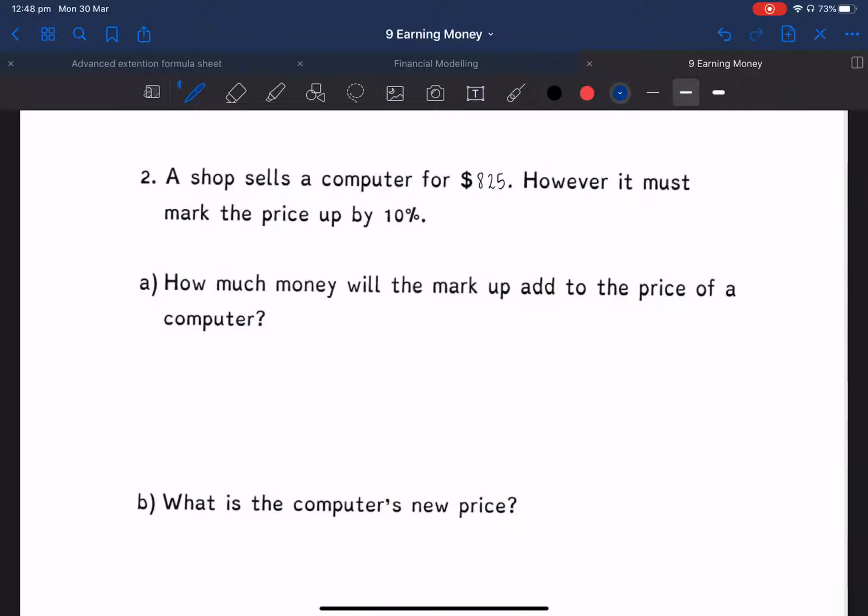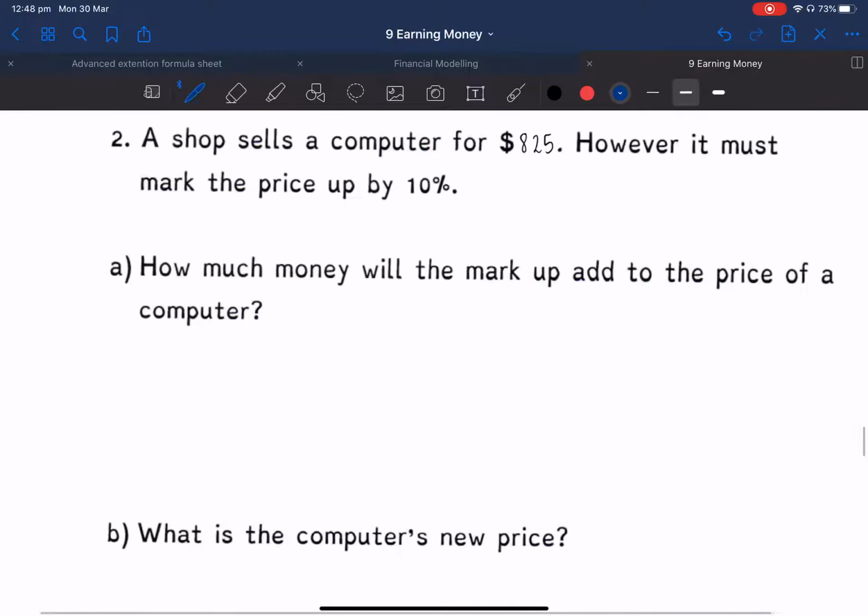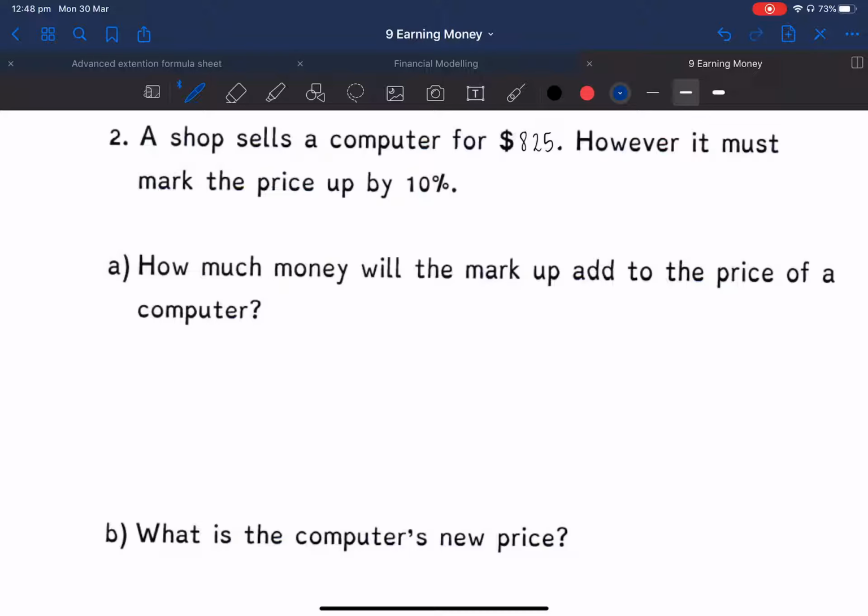We have a shop that sells a computer for $825. However, it must mark the price up by 10%. Now, a mark up means we're going to be increasing the price by 10%. So, part A, how much money will the markup add to the price of a computer?